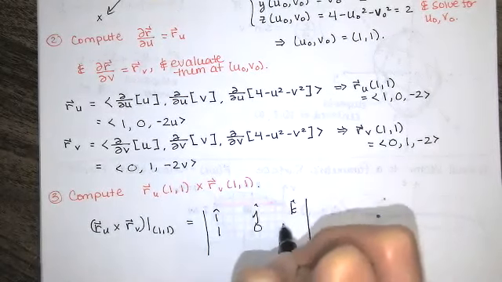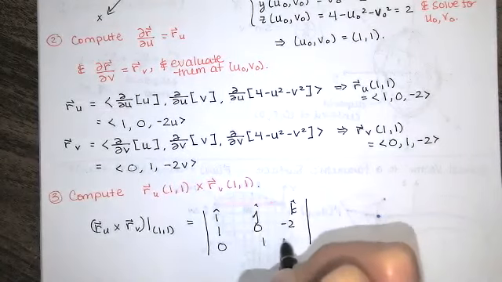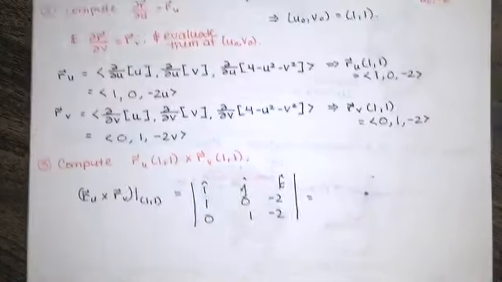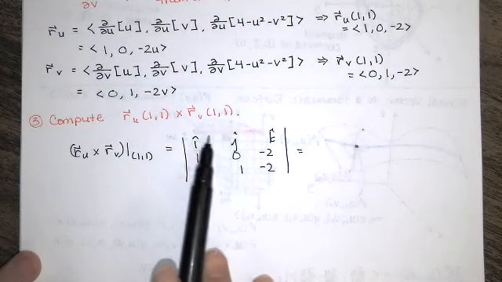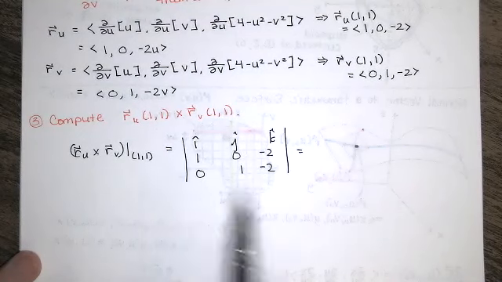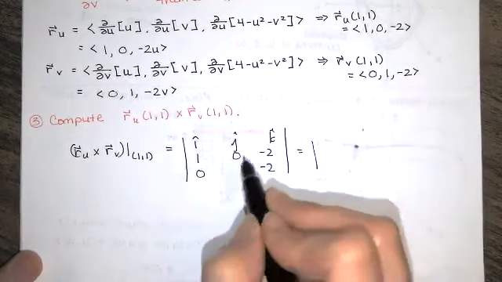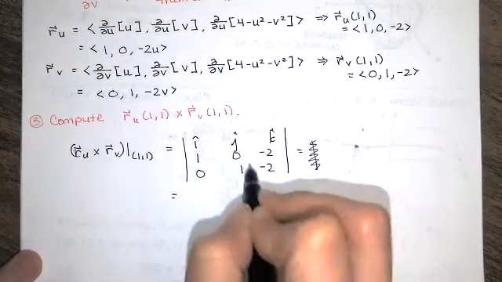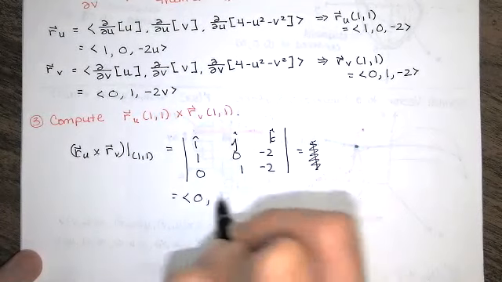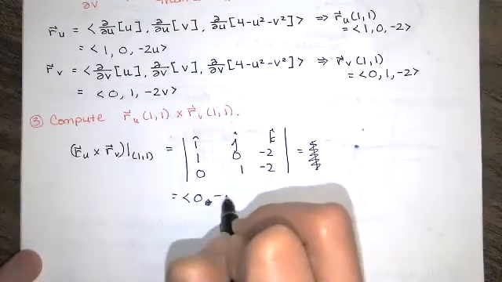So we have 1, 0, -2, 0, 1, -2. Just evaluate that cross product. Cross out this row and this column. We have 0, whoops, minus a -2.